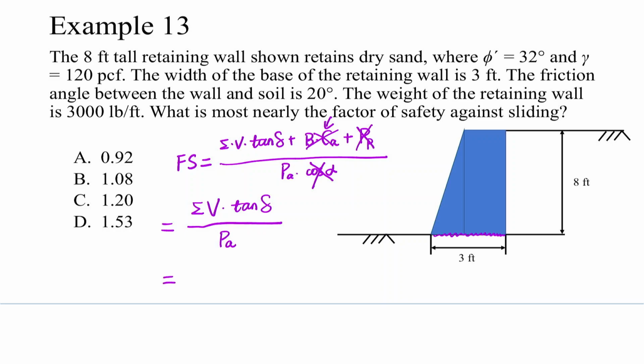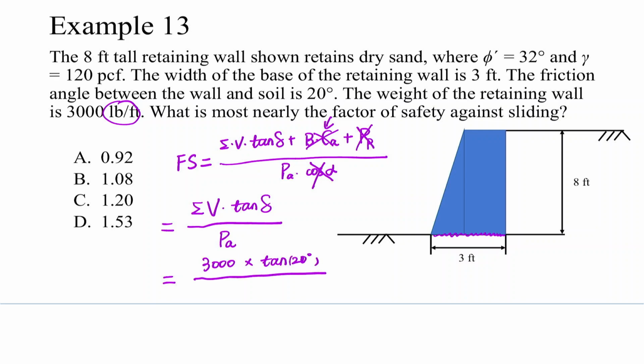So for our case, the total weight of the wall is about 3,000 pounds per foot, and you can just grab a foot for analysis. So you can just put 3,000 over there, and the interface friction angle, tangent of 20 degrees, so we have 20 degrees over here.